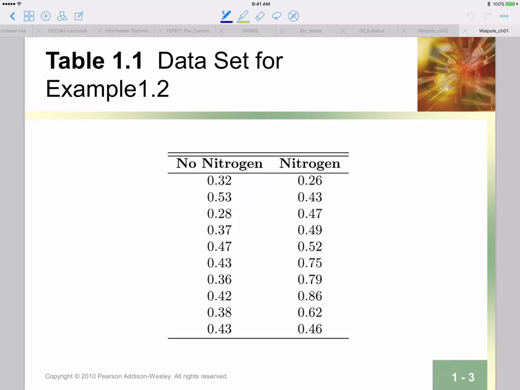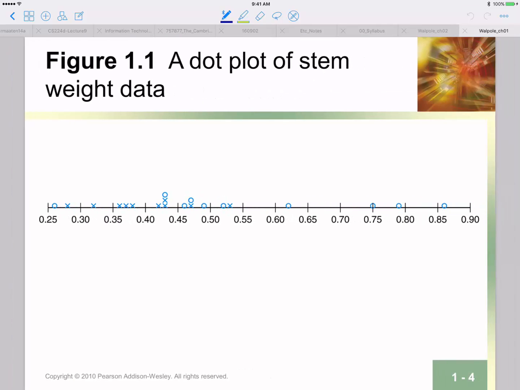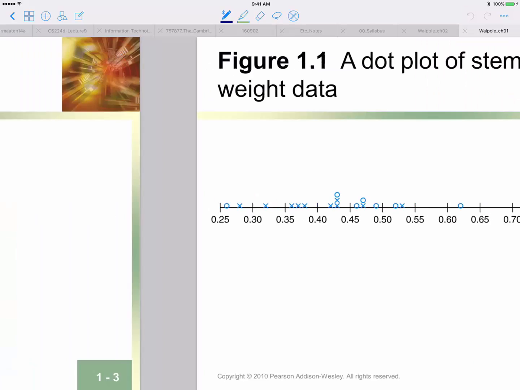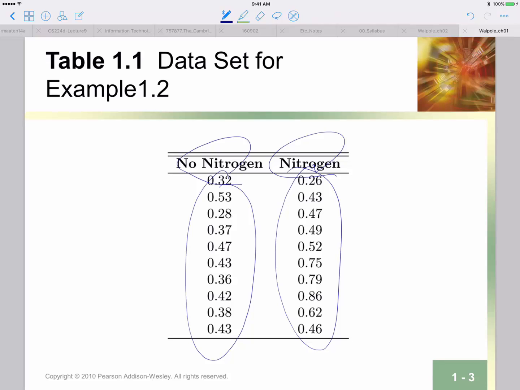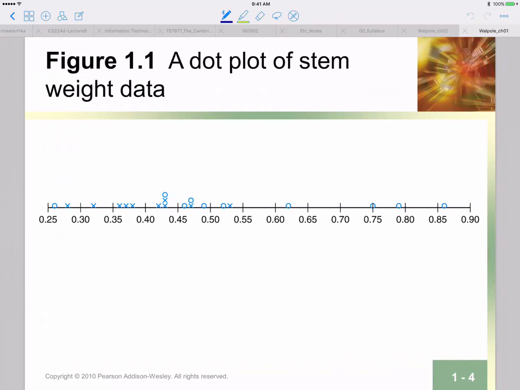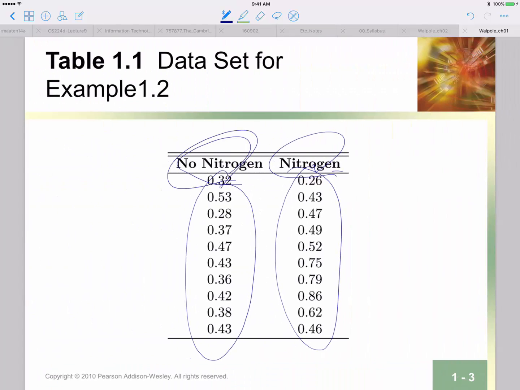So we have two different cases that we want to compare and contrast, and we collect the measurements we are interested in, which can be visualized as dots along this horizontal line. Since we have one-dimensional data, these measurements are just single numbers, and they can be represented on a single axis. The circles and the X marks represent the two different cases, no nitrogen and nitrogen.